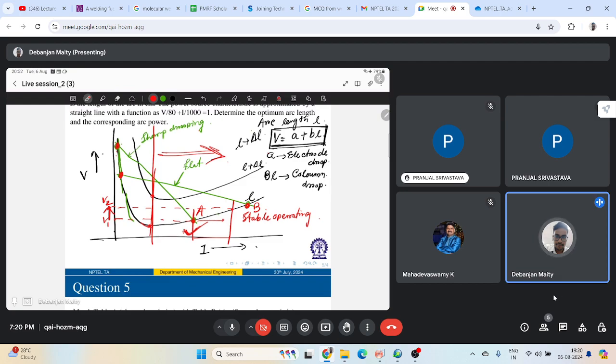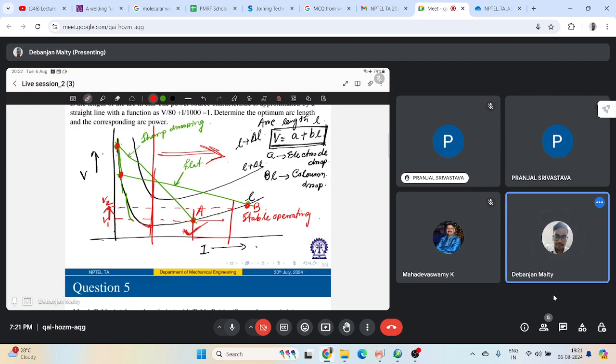Thus, any kind of disturbance due to the change in arc length or arc gap, because you are doing some manual welding operation, it is very difficult to maintain your arc gap throughout.